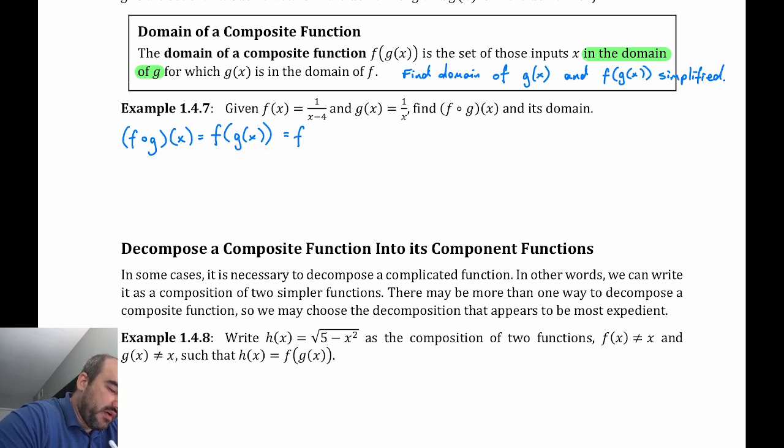So it'll be f of, and g of x is given to me as 1 over x in the question. And now we're going to plug in 1 over x into f. So we see f here with the 1 over x minus 4. Instead of x, we're going to put 1 over x in that expression. So we'll have 1 over x minus 4.